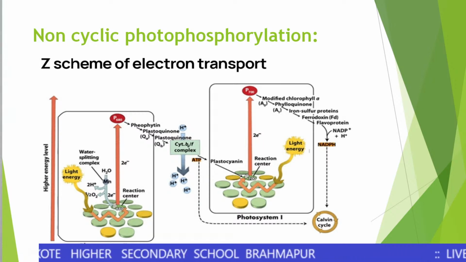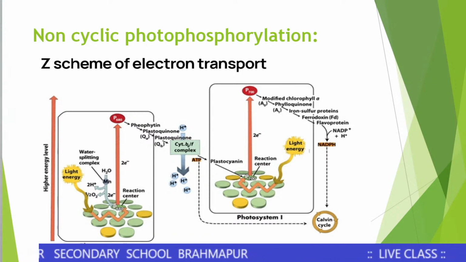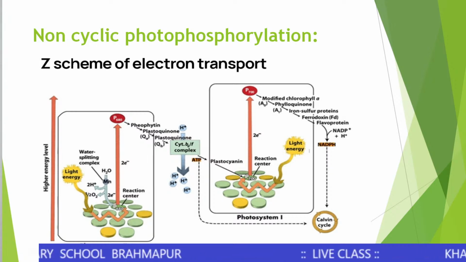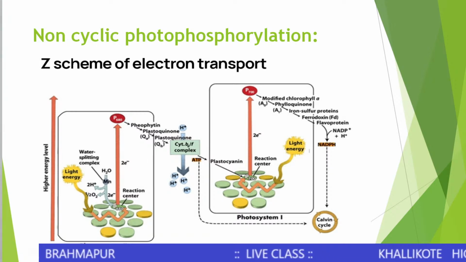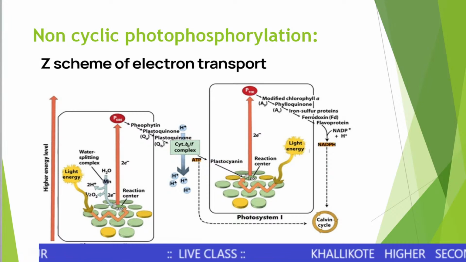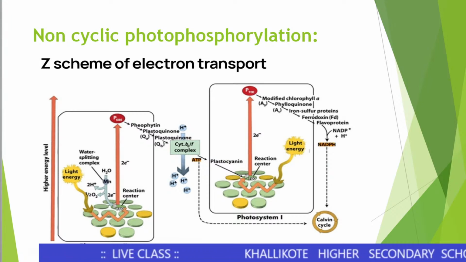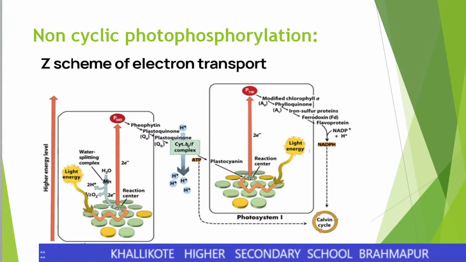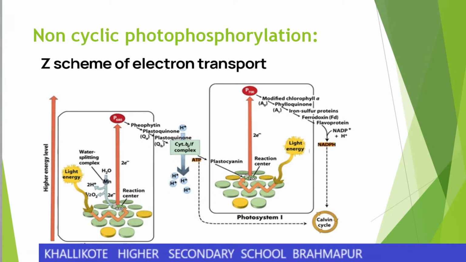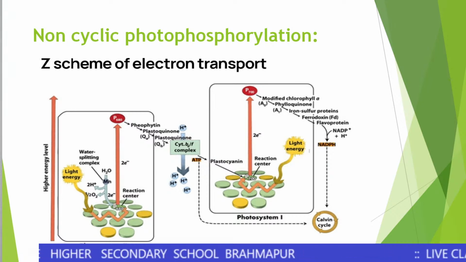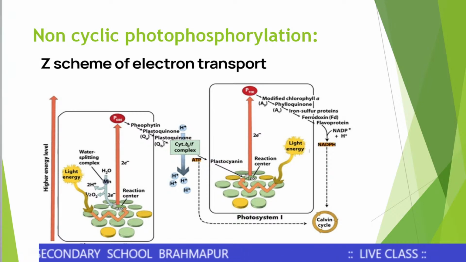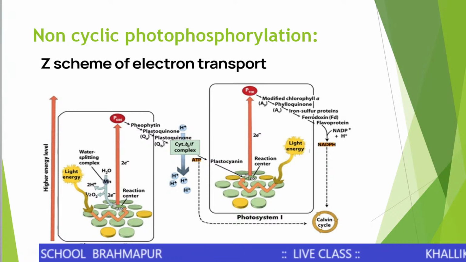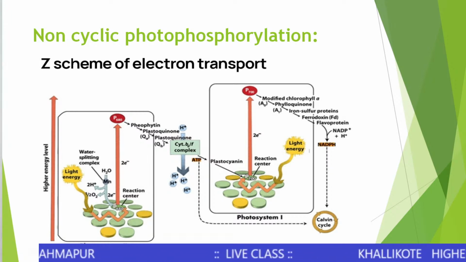From the cytochrome B F complex, the electron passes on to the copper-containing compound plastocyanin, which is again further reduced. Reduced plastocyanin transports the electron to P700. The P700 molecule is photoexcited and it loses the electron.